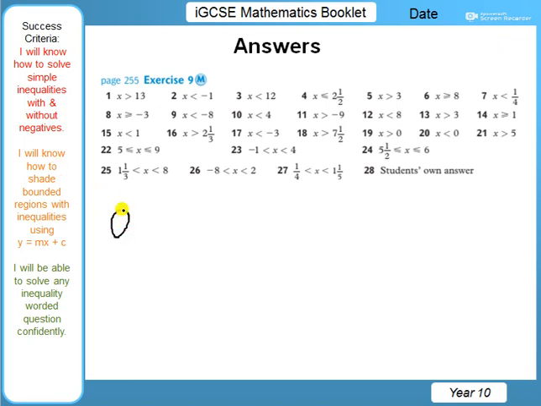Write those down, OE. That stands for or equivalent. So if you put a decimal answer or a fraction answer, sometimes even a percentage answer that means the same thing, then that's absolutely fine. You don't lose a mark and you get the full marks for the answer.